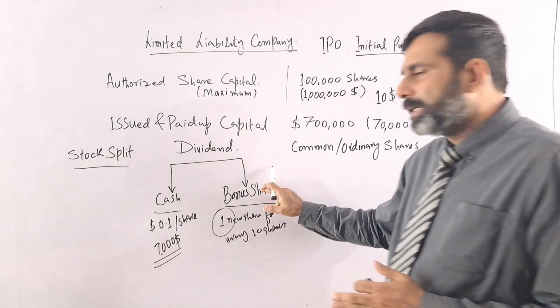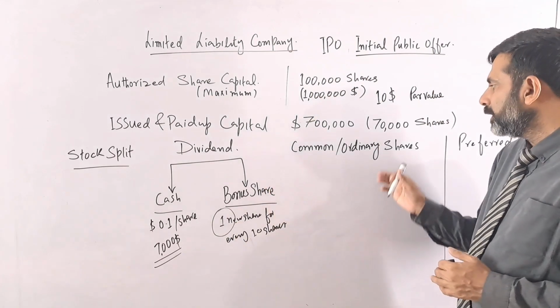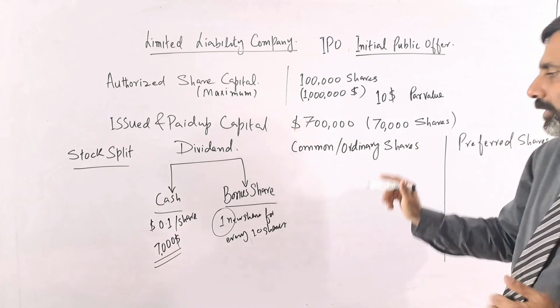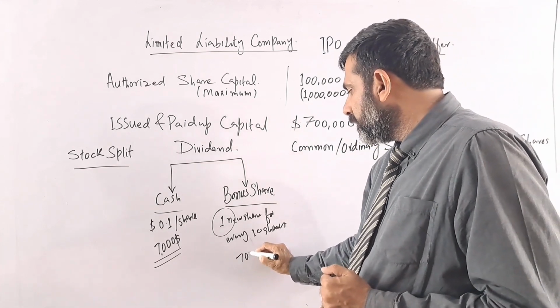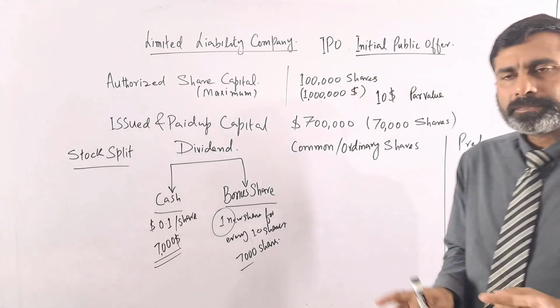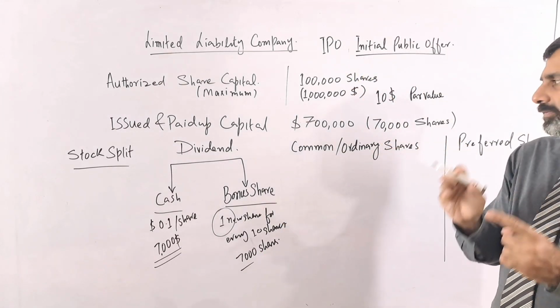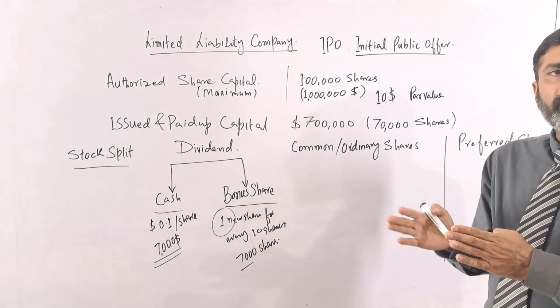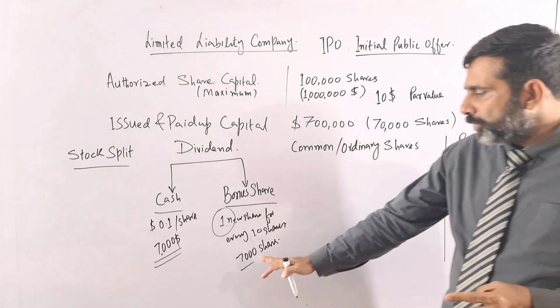That will be considered the bonus share. So how many new shares will be issued? 70,000 multiplied by 10 divided by 100, or 1 divided by 10. So 7,000 new shares will be issued.